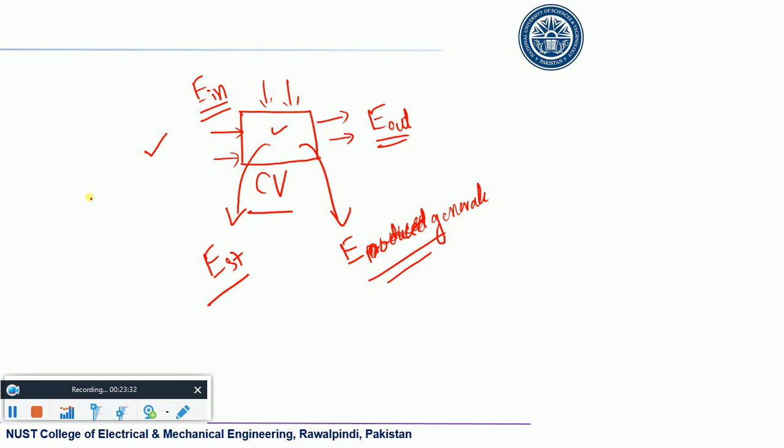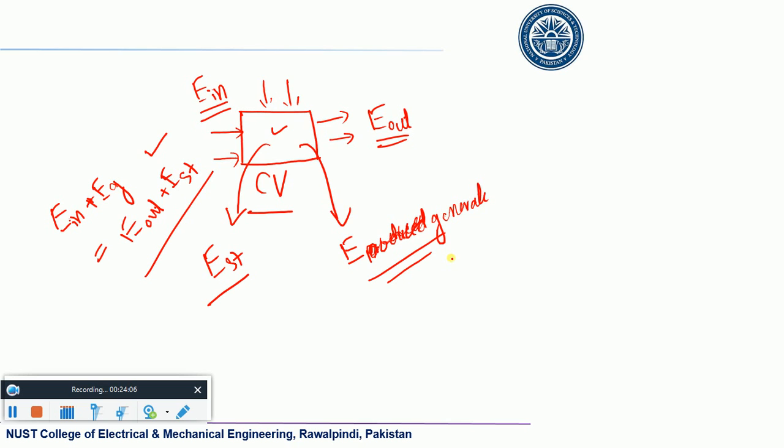Now see, the first law of thermodynamics says that energy in plus energy generated should be equal to energy out plus energy stored. Isn't it?